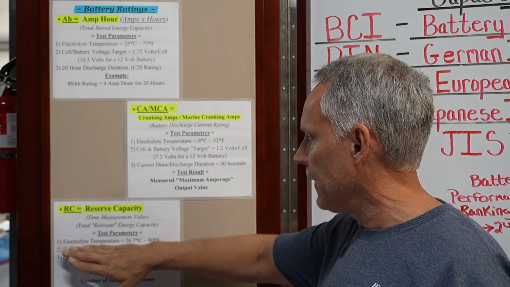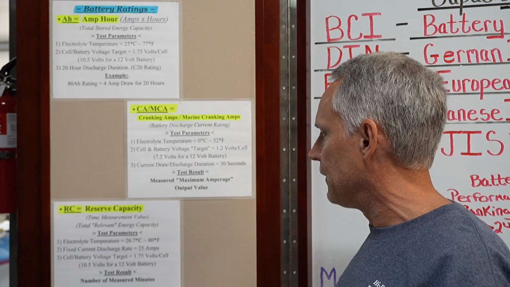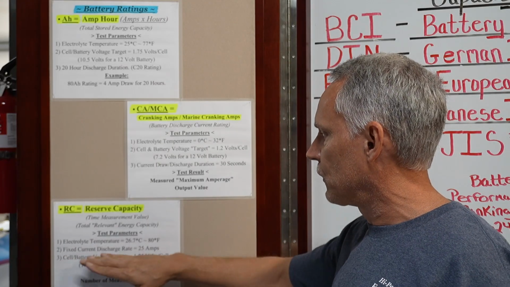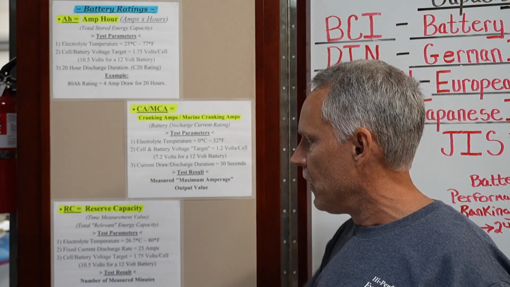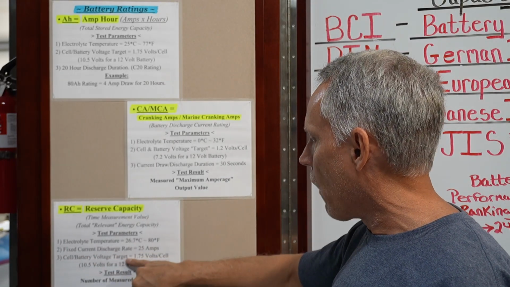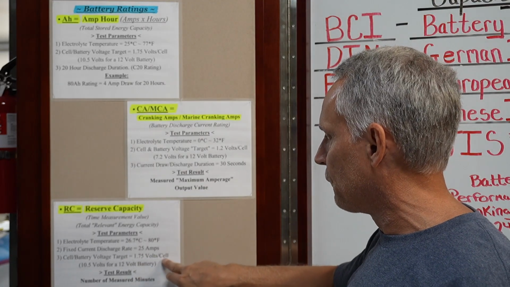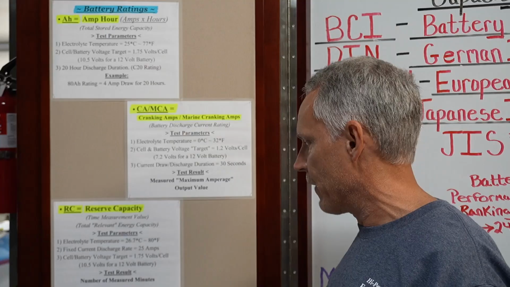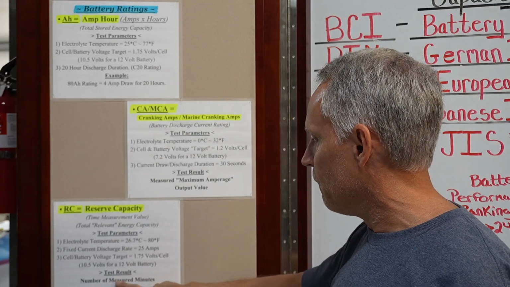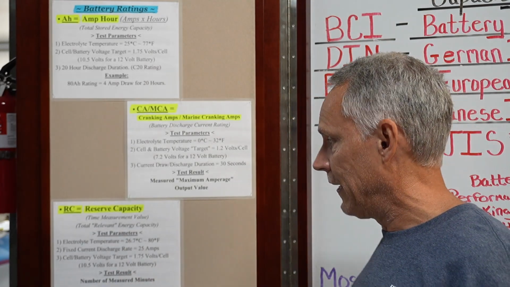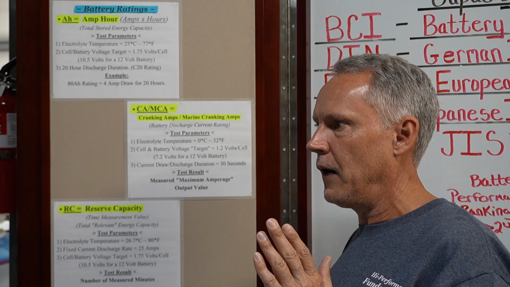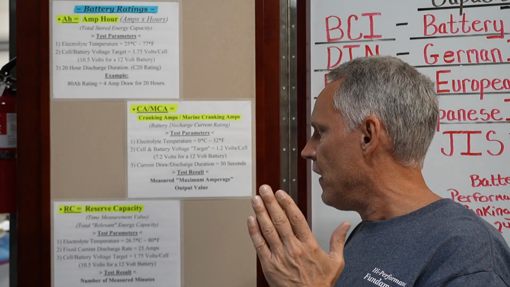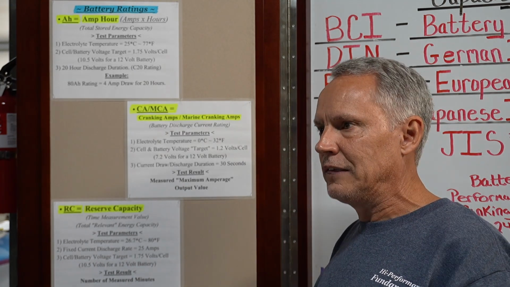Like I said, electrolyte temperature, 26.7 degrees Celsius, 80 degrees Fahrenheit. Fixed current discharge rate of 25 amps. The cell battery voltage target is going to be 1.75 volts per cell, 10.5 volts for a 12 volt 6 cell battery. Test result, number of measured minutes. So like I said, fixed discharge, fixed electrolyte temperature.